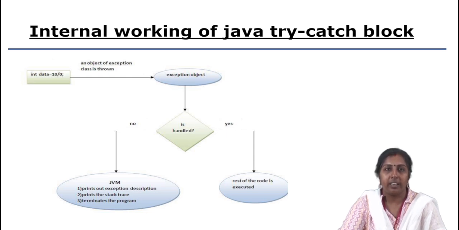After finding the exception, an object of the exception class is thrown. After throwing the exception, we have to check whether this exception is properly handled or not. If the exception is properly handled, then the rest of the statements following that exception will be executed. If it is not properly handled, then the JVM prints out the exception description, prints the stack trace, and terminates the program. So we have to write proper mechanisms to handle exceptions.